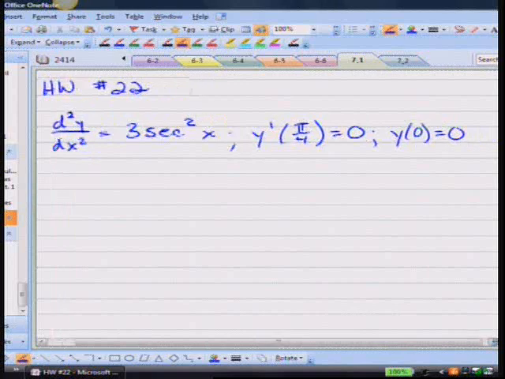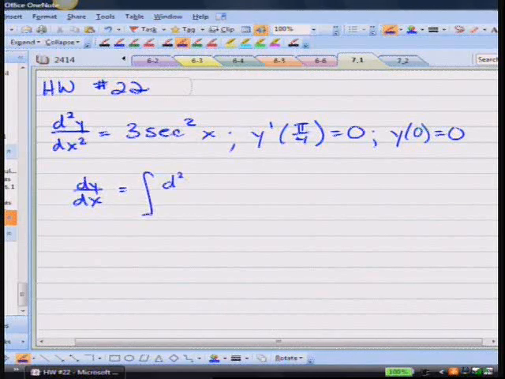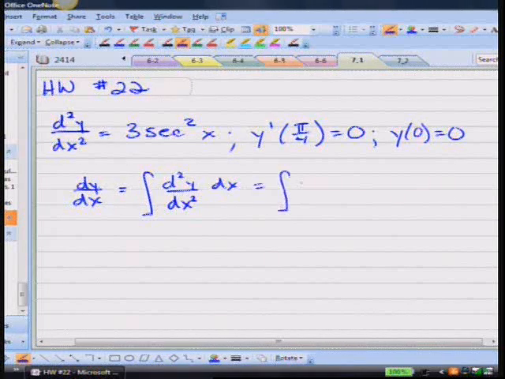So the goal here is to find y. You have the second derivative. You want to back up to the original equation. So to get dy dx, you will integrate the second derivative with respect to x. So you're going to integrate 3 secant squared x dx.